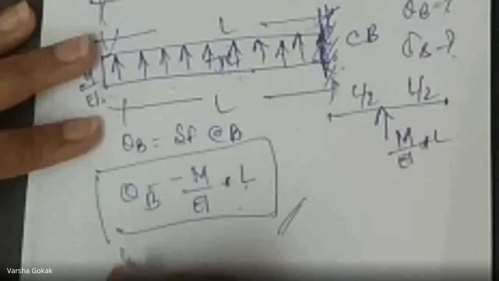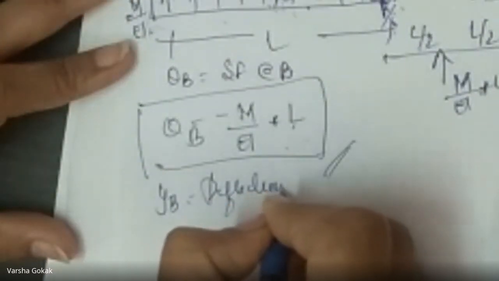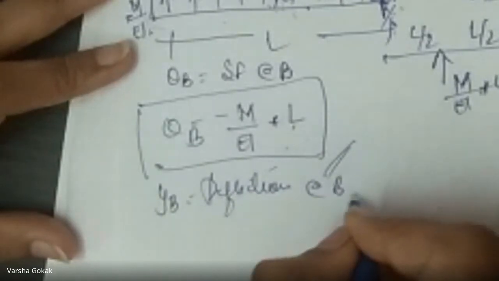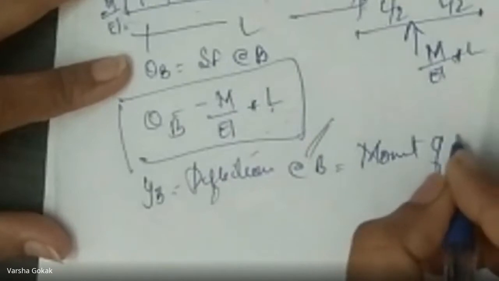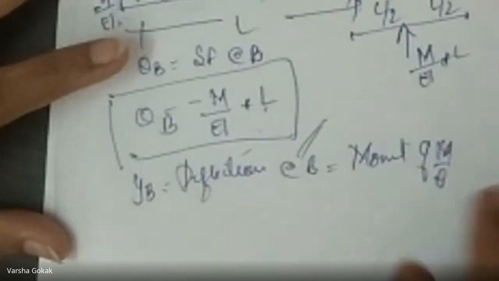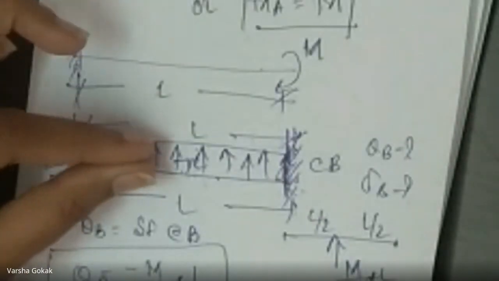Now if I want to find the YB value, that is the deflection. Deflection at B is calculated by taking the moment of the M by EI diagram. So when I'm taking the moment of the M by EI diagram, M by EI is the load and it acts at a distance of L by 2.